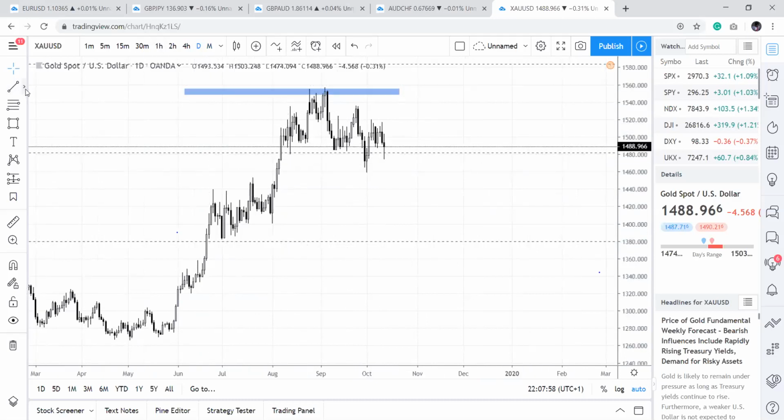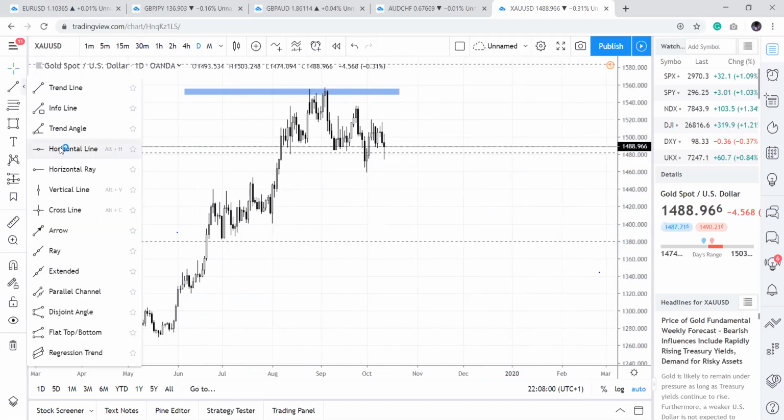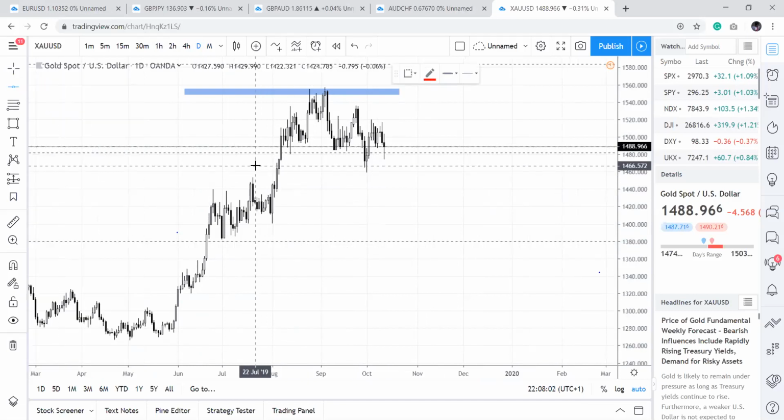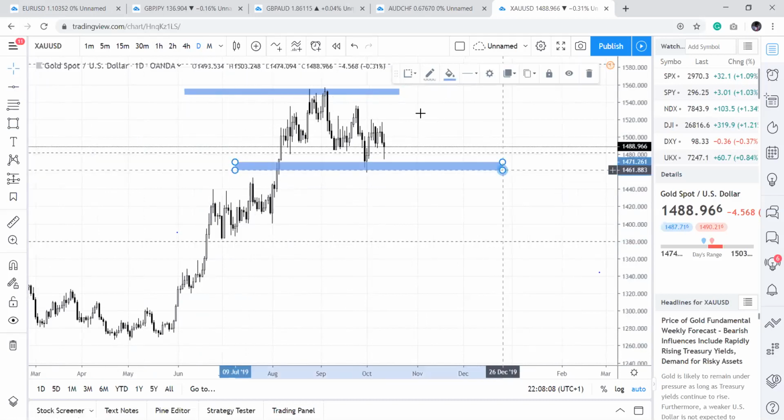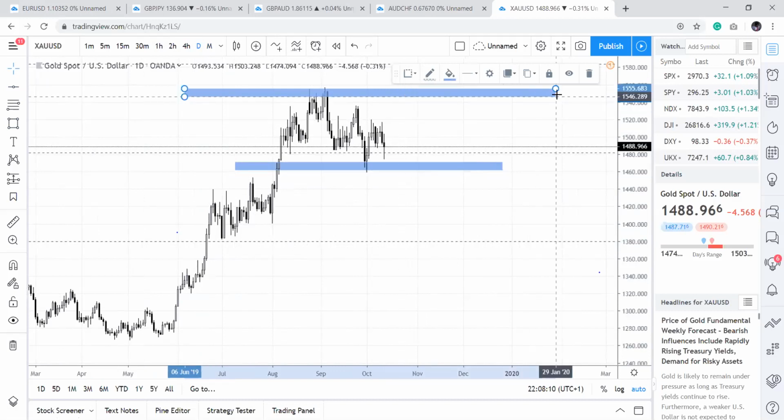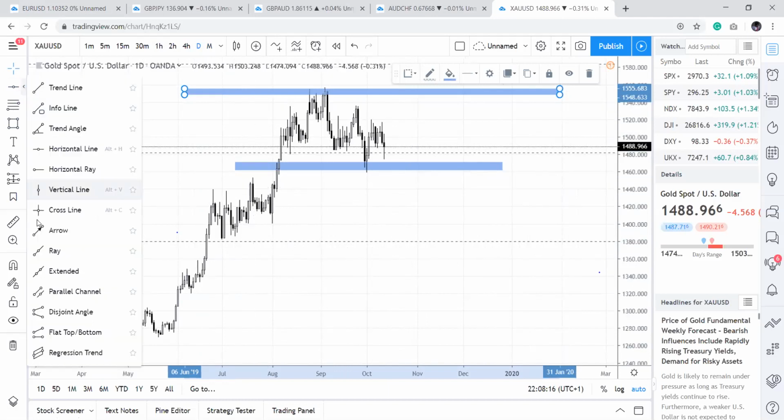So look at this. This is the previous low. Here's the high. So two things I'm expecting to see. All right.